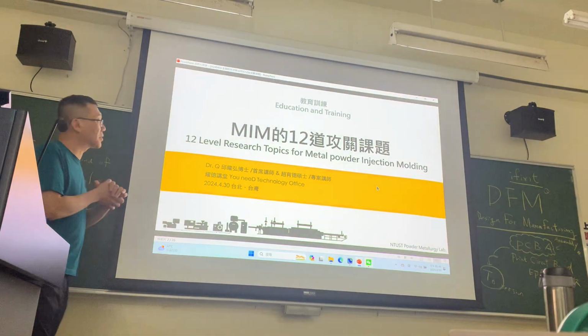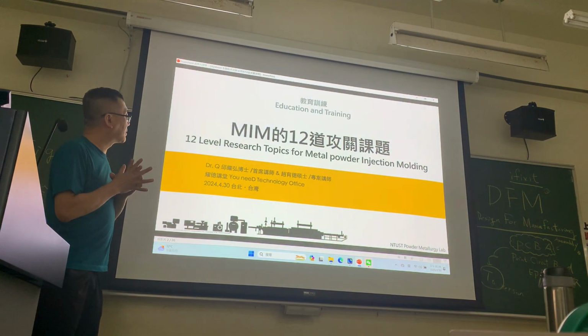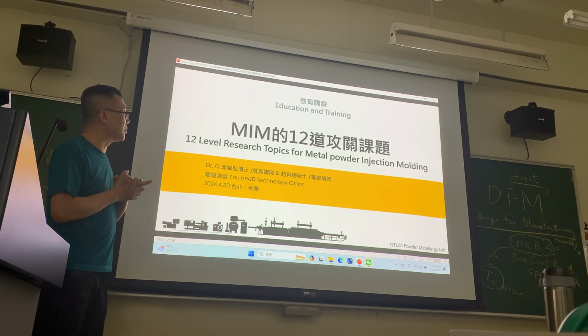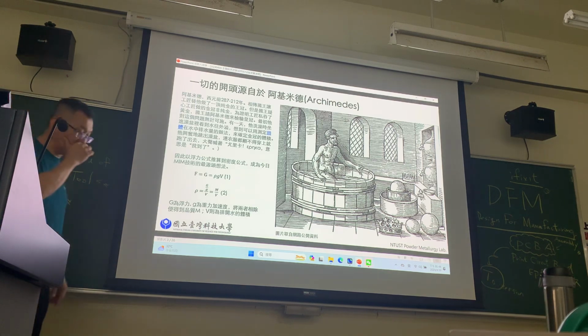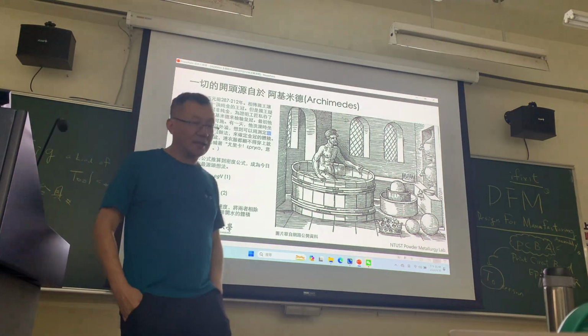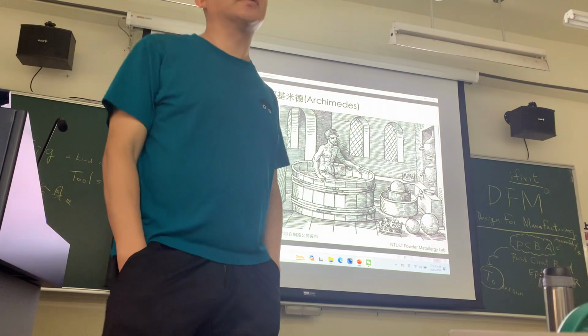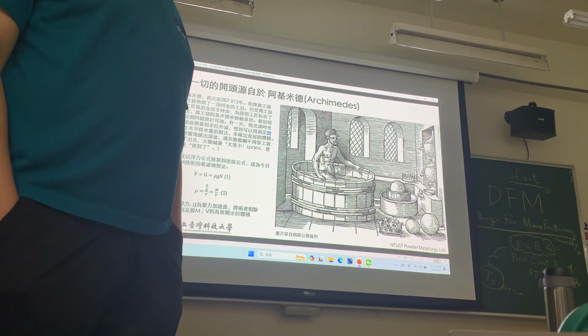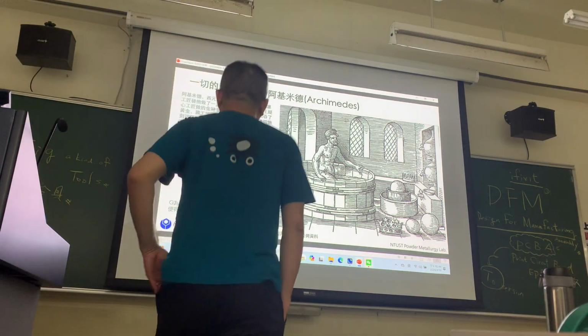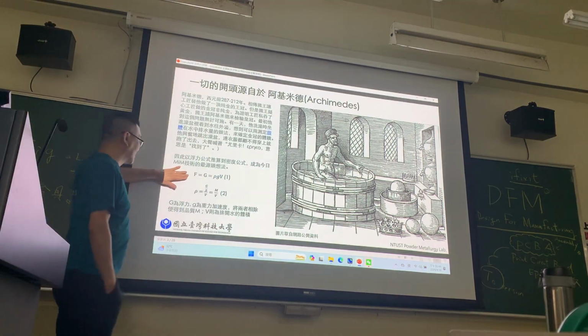Okay, today we're talking about 12 levels for metal injection. The starting point is from Archimedes. This means the density equations. The equation one is this one.